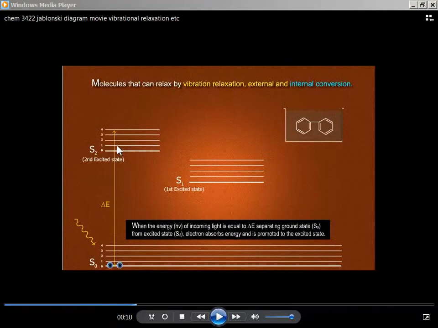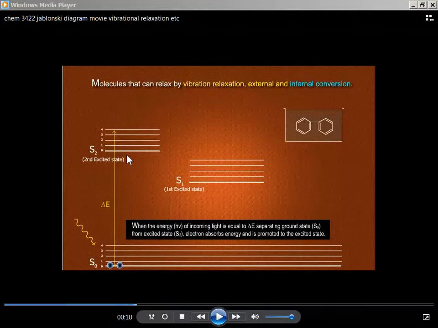So you have these different vibrational levels. This is supposed to be a vibrational ladder. So for the excited state, you're supposed to think of what changes in the molecule. If it goes from the ground state, it's an electronic state, it's supposed to be changing the electron distribution, right?